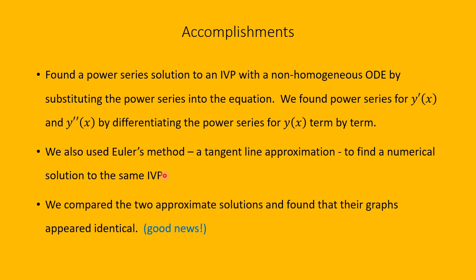So there has to be a trade-off. You don't want h to be too large, and you don't want h to be too small. In this particular problem, we compared the two approximate solutions and found that their graphs, at least visually, appeared identical.